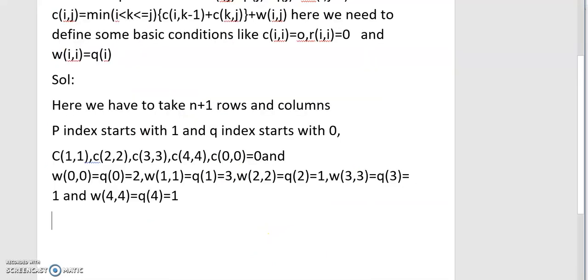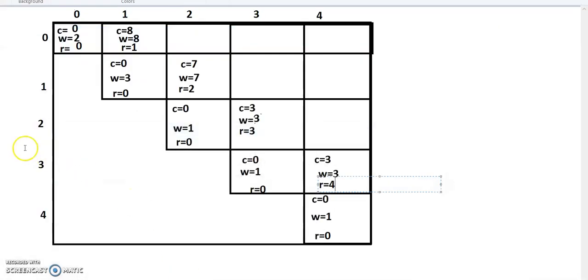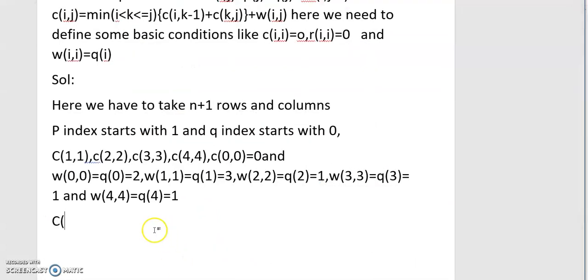We'll see one model for that. So first find C of 0 comma 2. Then you will understand clearly. C of 0 comma 2, minimum of, 0 less than k less than or equal to 2.